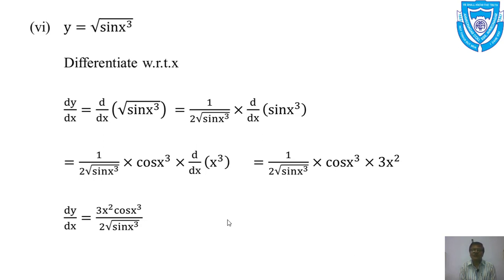Again we have used the chain rule, and derivative of x cube is 3x square. So we take all these three terms together and we get our final answer. dy by dx is equal to 3x square into cos x cube upon 2 root sin x cube. Let us move to next example. Now here I have used the derivative of root x as 1 upon 2 root x. That's why I have mentioned this formula here.